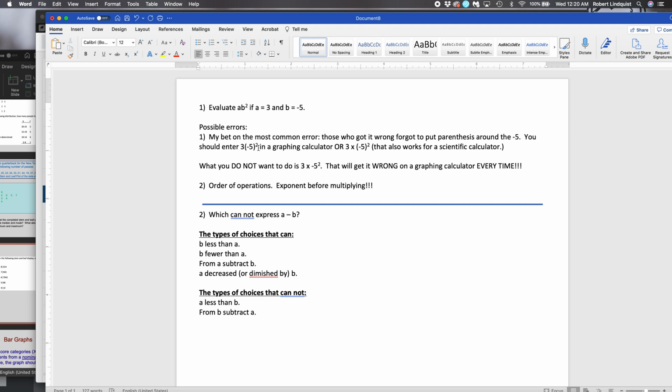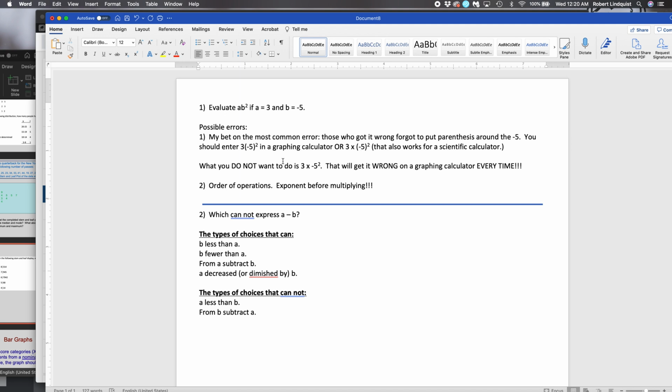The graphing calculator, if you write it like this, knows that you want to square the whole -5. You could also do 3 times -5 squared with parentheses, and that would also work. Either way, the calculator will know to square the -5.